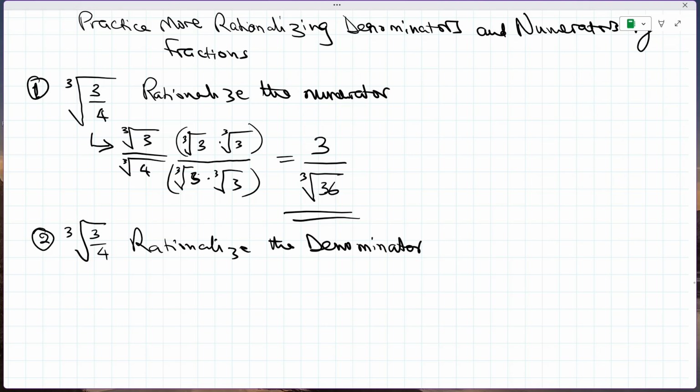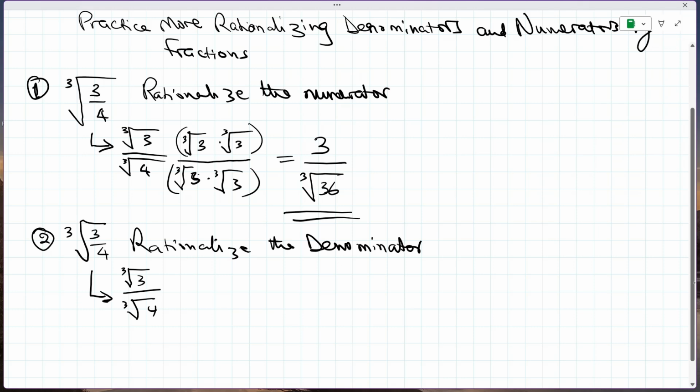Just like we did with the first example, we have to break down this expression into two parts, the numerator and the denominator. So we will have cube root of 3 divided by the cube root of 4.